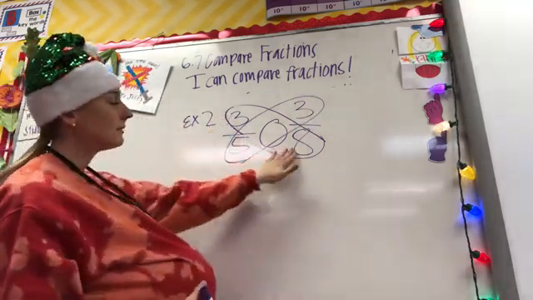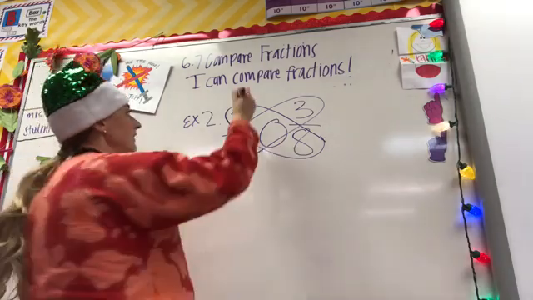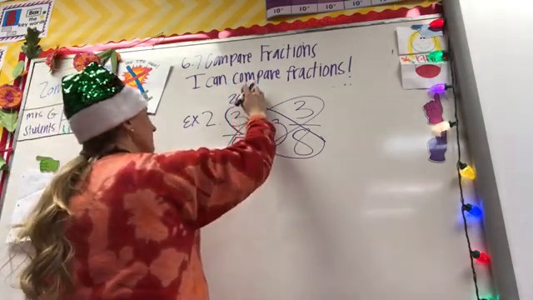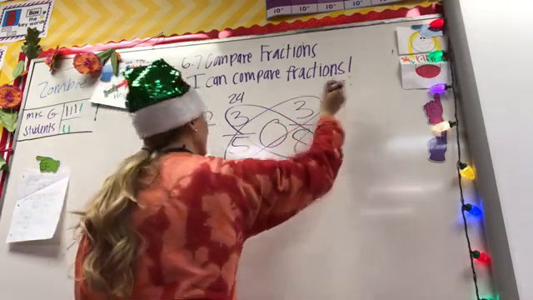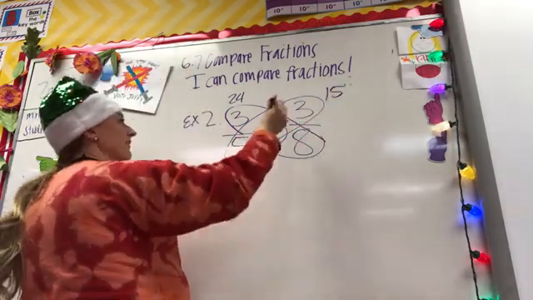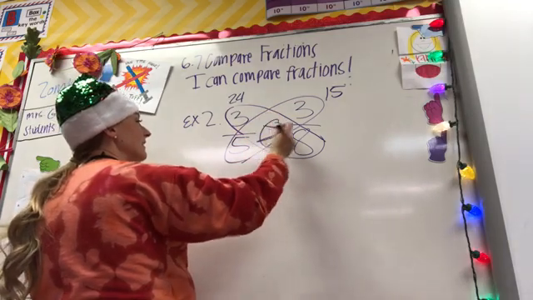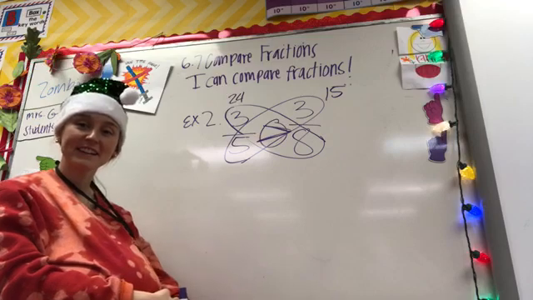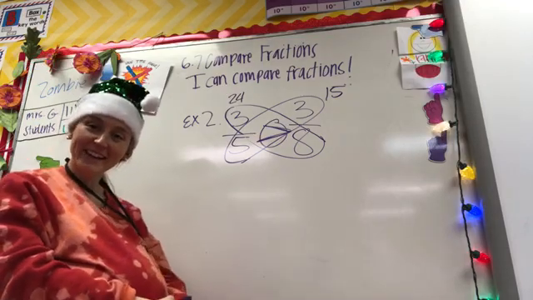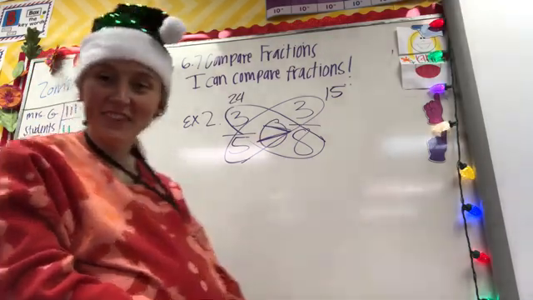So 8 times 3 is 24. And 5 times 3 is 15. What's bigger, 24 or 15? 24, so 3/5 is bigger. Amazing, I know. This is like the best trick ever.